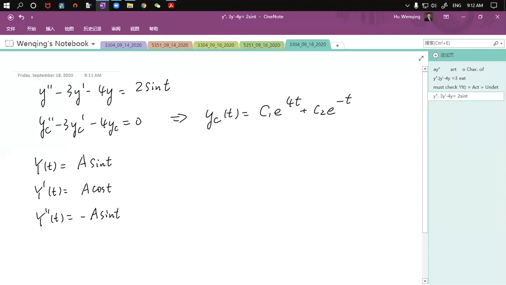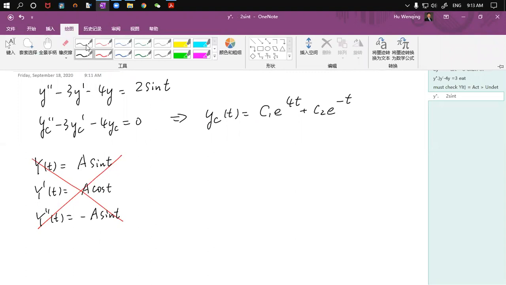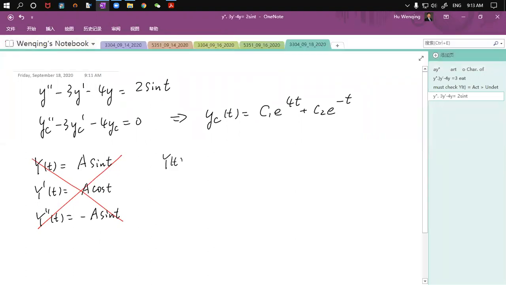Another question is, so this is not a good trial, right? It doesn't quite work. Then you might think, is it possible to try A sine 2t? Well, this is even far more unreasonable, because the 2 is going to break everything: y prime of t is equal to 2A cosine 2t, and you're always going to have 2, and these 2's are not going to agree with the 1.